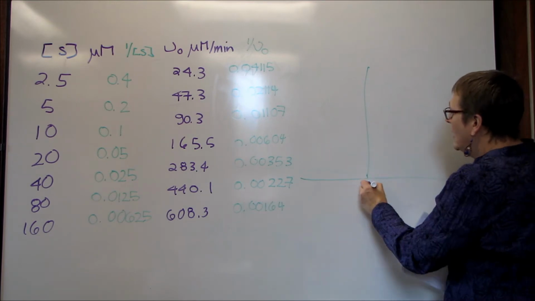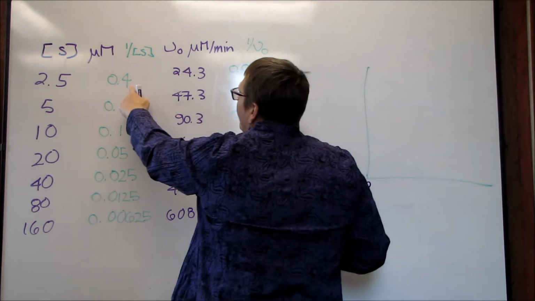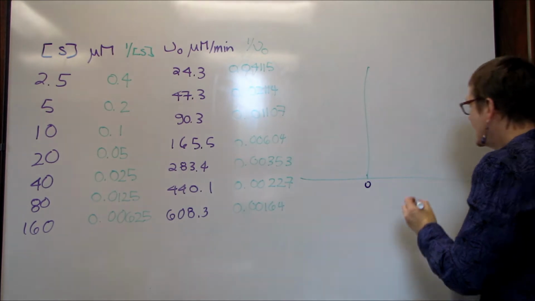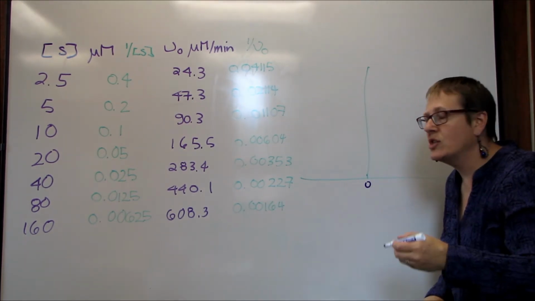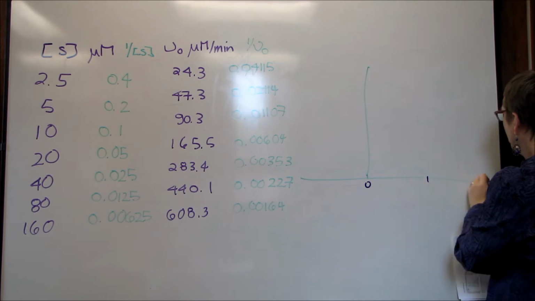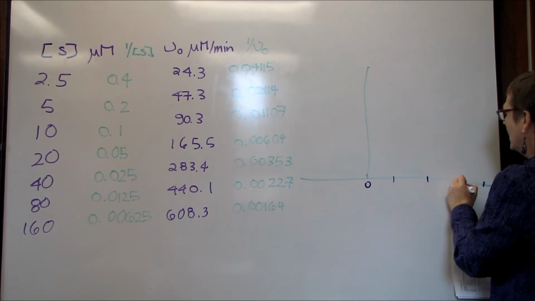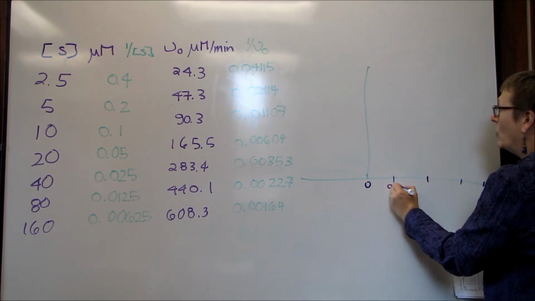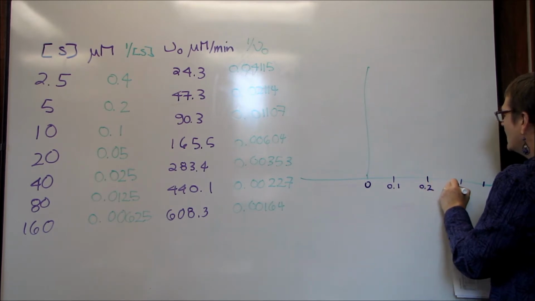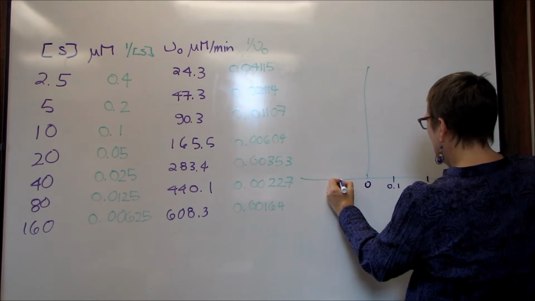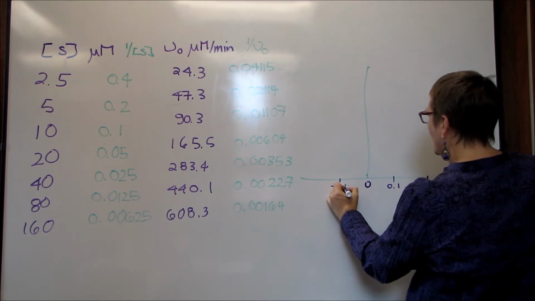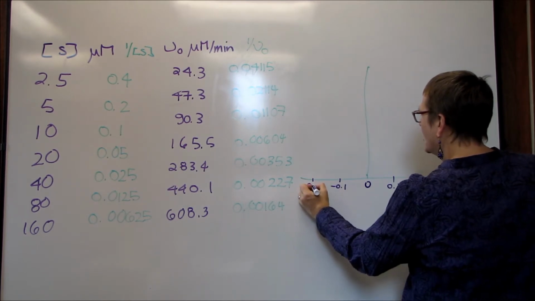Okay? Now, I have to get as high as 0.4 on my x-axis, so I'm going to evenly, not logarithmically or strangely or nonlinear, but evenly space that along here. So I've got 0.1, 0.2, 0.3, and 0.4. Likewise, I could go negatively, and negative 0.1, negative 0.2.